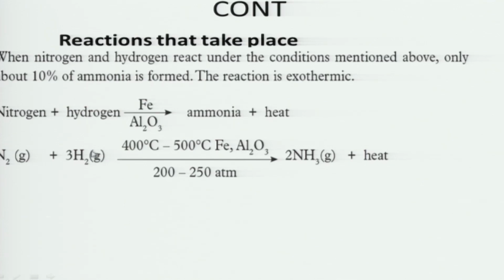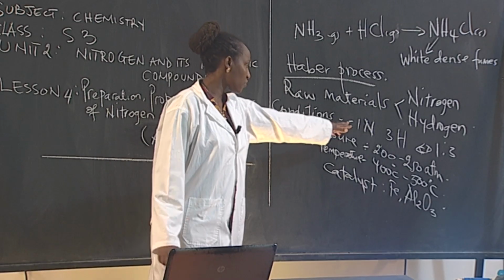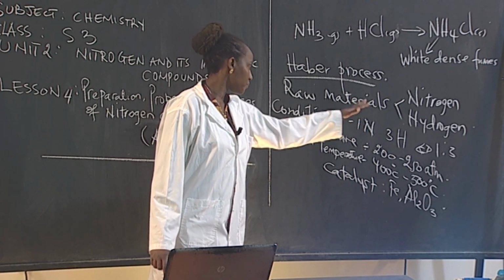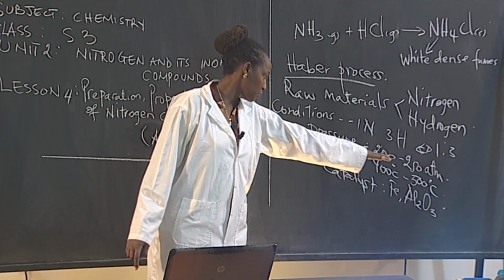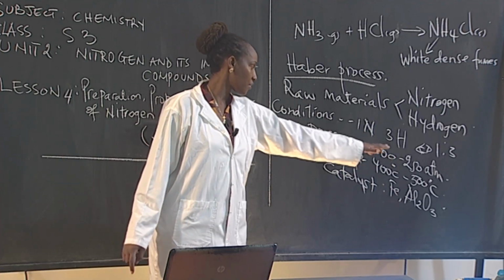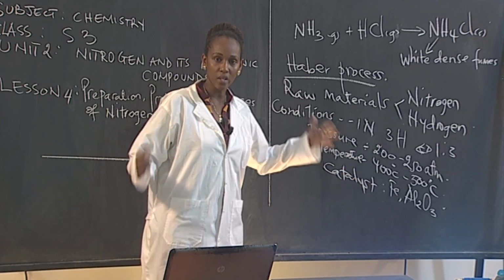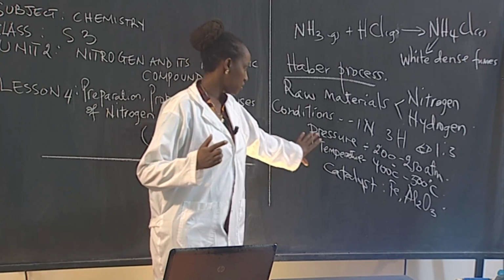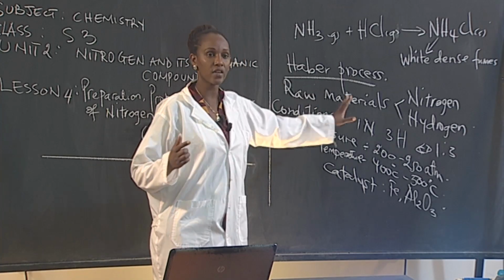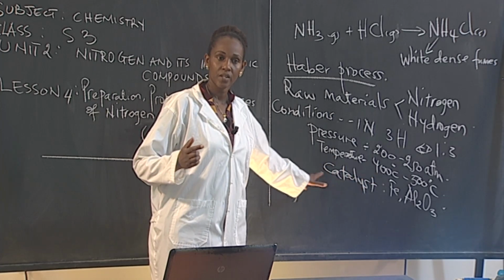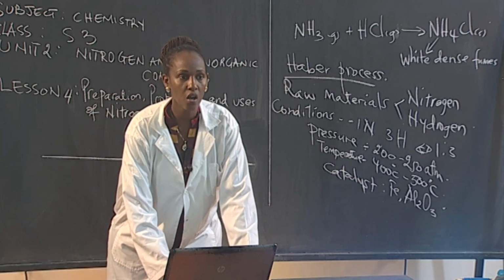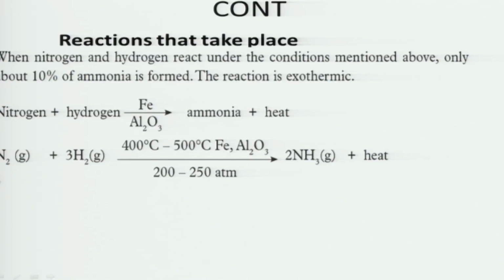When nitrogen and hydrogen react under the conditions we have mentioned, a pressure of 200 to 250 atmospheres, a temperature of 400 to 500 degrees Celsius, and a catalyst, with nitrogen and hydrogen in the ratio of 1 to 3, we get ammonia gas and some heat.